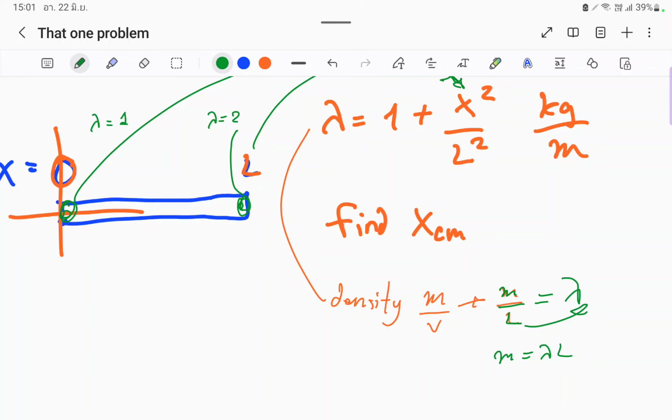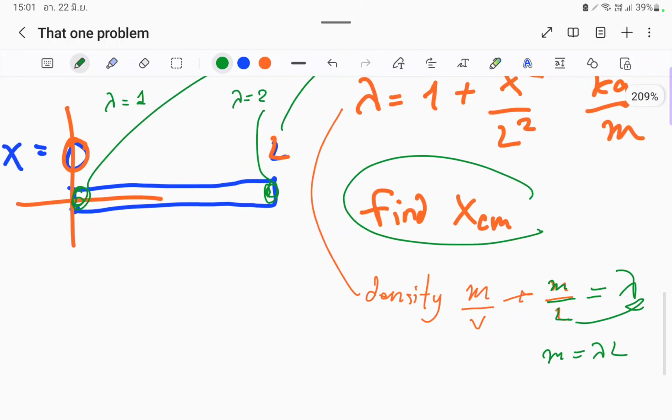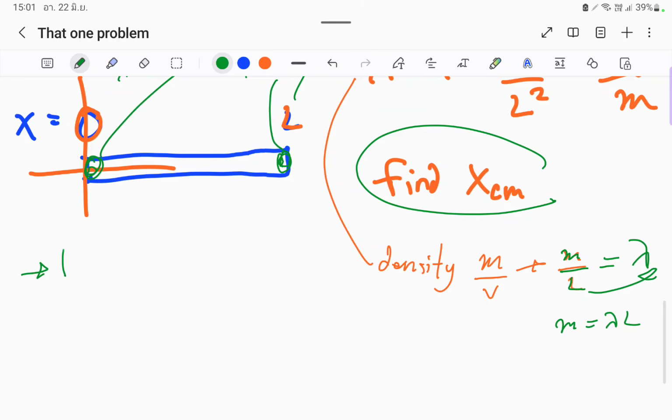All of that needs calculus, which is really important and you must learn here. So let's tackle this together. You might wonder, why do I need to find the whole mass of this rod? Because you need it to find the x_CM, which I will talk about later, but for now the goal is just to find the whole mass.